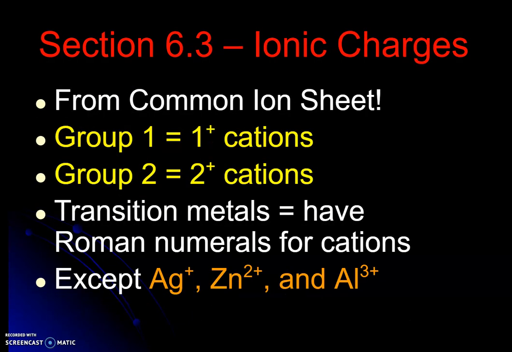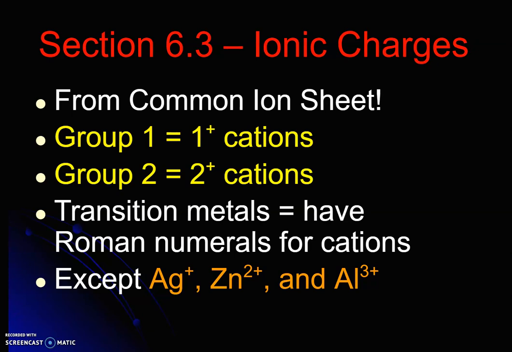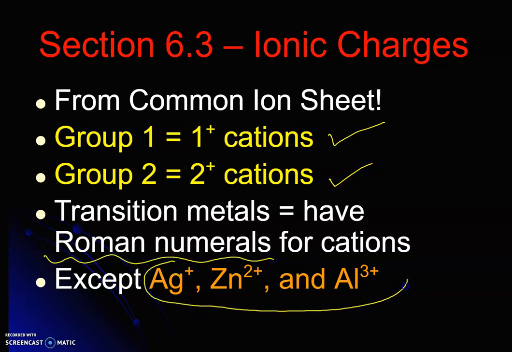All right, so just to review for you before we get into our ionic bonding, know those ions. We're going to use them for the remainder of the course. From your common ion sheet, group 1 is going to be your 1+ cations, group 2 are your 2+. Everybody else is going to have some sort of Roman numeral, except for silver, zinc, and aluminum, which are on the diagonal.